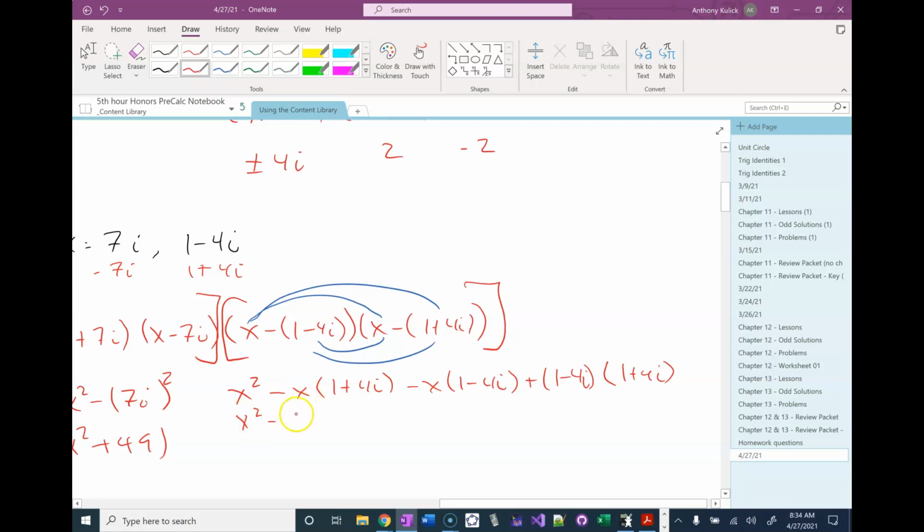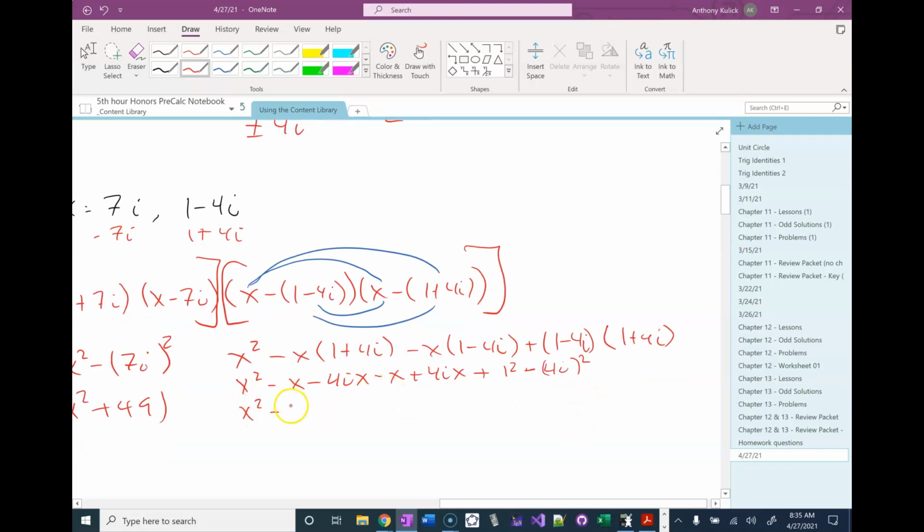If I distribute the x's through, I have negative x and negative 4ix. Then I have negative x and positive 4ix. And then this is also a difference of two squares, this 1 minus 4i times 1 plus 4i.